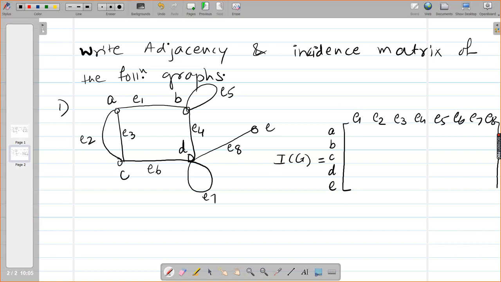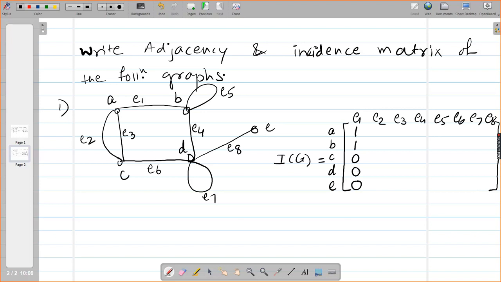I don't have enough space here. Now go column wise. Don't write edges row wise. Consider the edge E1. Which are the end vertices of E1? A and B. So there you put 1. Any edge has only 2 end vertices.